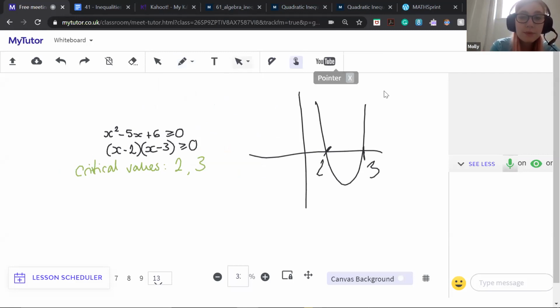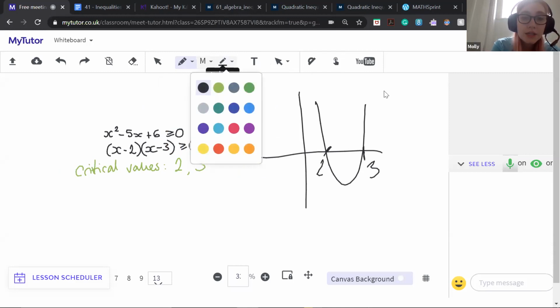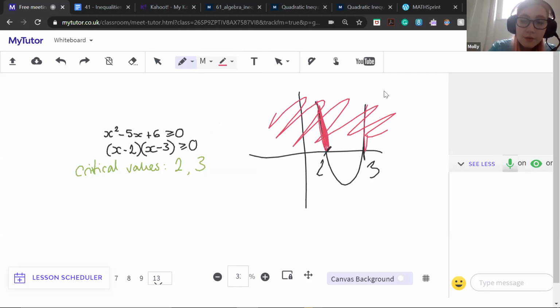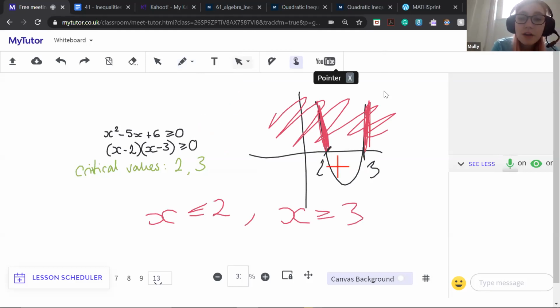Now we want it to be greater than or equal to 0. So it's the stuff above the axis, greater than or equal to. So it's these parts of the curve that we're looking at now. And where do those occur? Well, either when x is less than 2 or when x is greater than 3. Because anything in between gives us a value that's less than 0. So we don't want anything in between, we just want the stuff on either side.